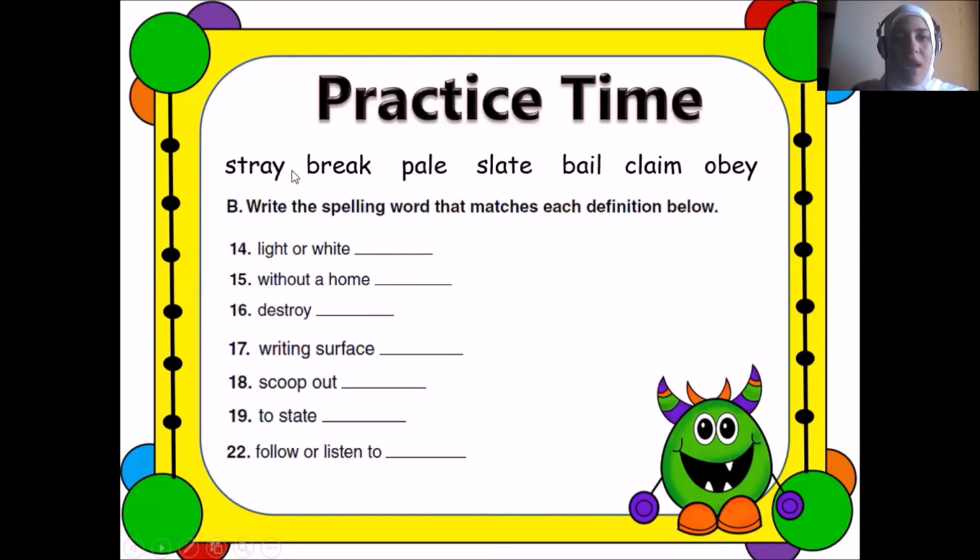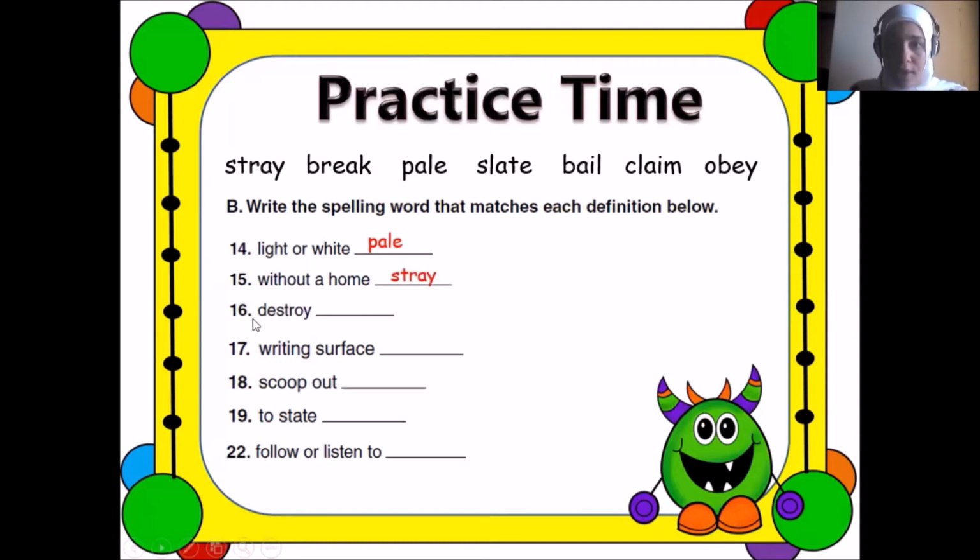Let's continue here. I have the rest of the words: stray, break, hail, slate, bail, claim, obey. Write the spelling word that matches each definition below. Fourteen, light or white, when something or someone has a white color or his color is light, we say pale. Without a home, when you don't have a home, we say stray.